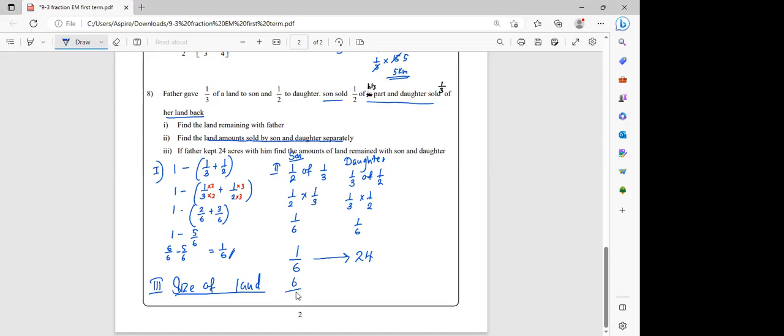Then 6 out of 6 is equivalent to 24 multiplied by 6. 6 into 4, 24. 6 into 2, 12, plus 2, it is 14. That means 144 acres. Okay.